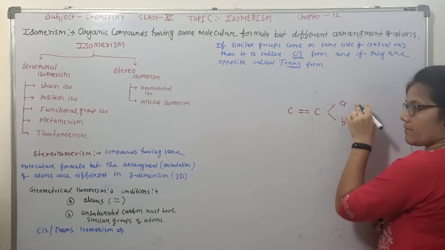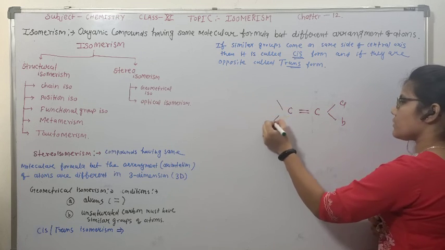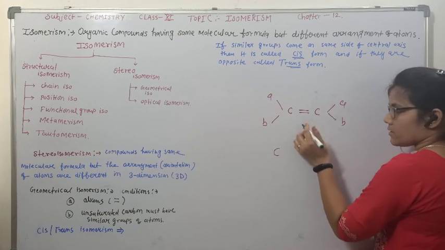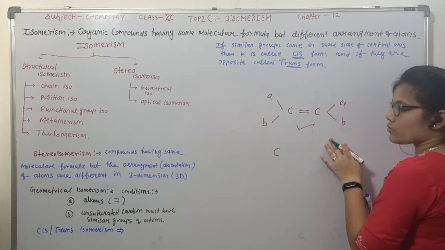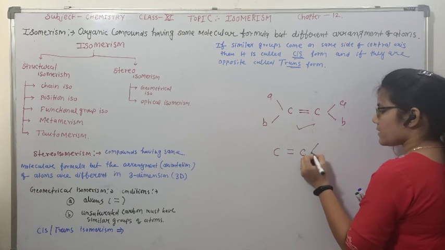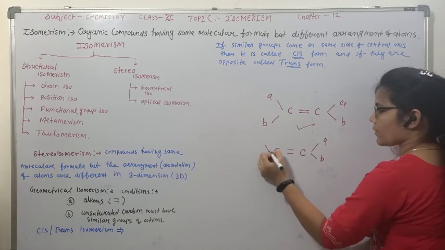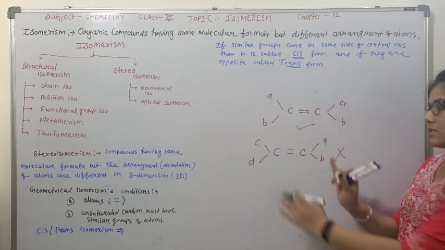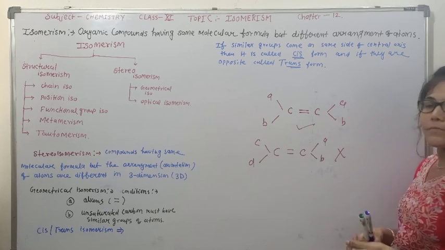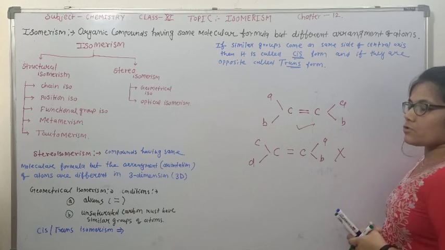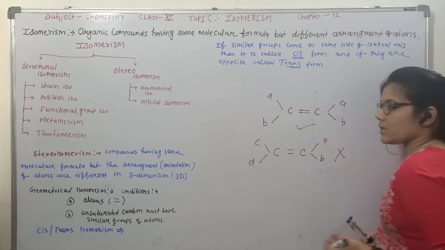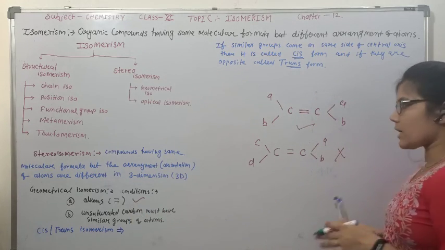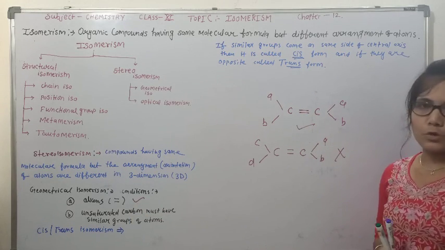If this carbon has A and B, this one must also have A and B. Here geometrical isomerism is not possible. If the unsaturated carbons have different functional groups, then it is not possible. So these are the conditions. First, it is possible in alkenes, and second, the unsaturated carbons must have similar groups.